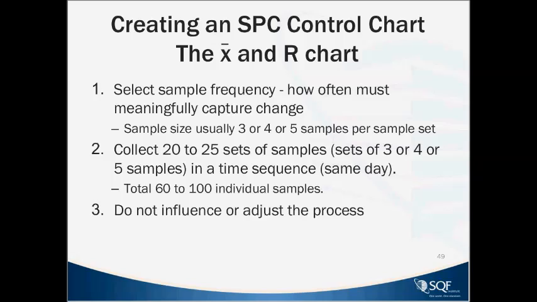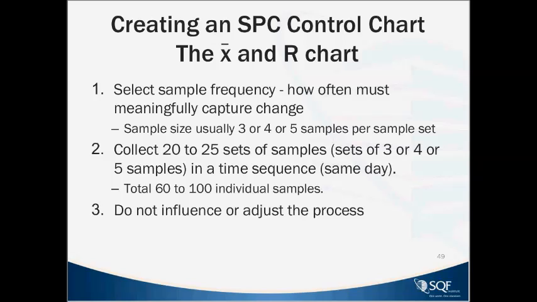So you want to collect maybe 20 to 25 sets of those data. If they're 3 to 4, that may be anywhere from, again, 60 to 100 different individual samples. Could be more, could be less, but that's, again, trying to set up a scenario where it's fairly representative of your process.